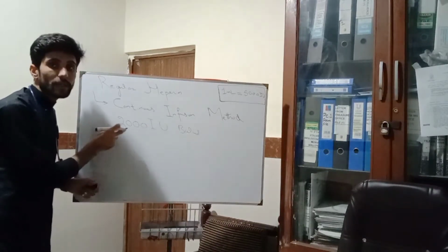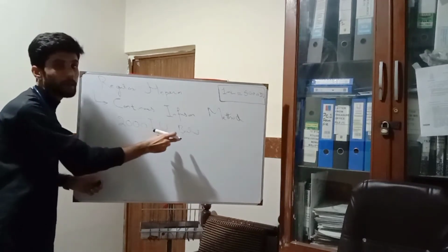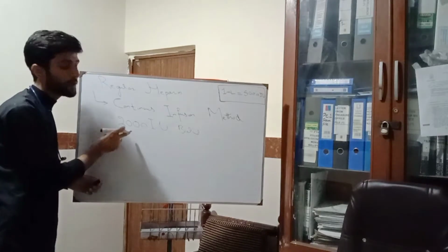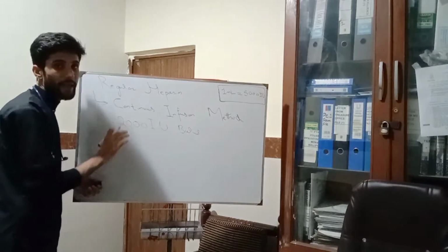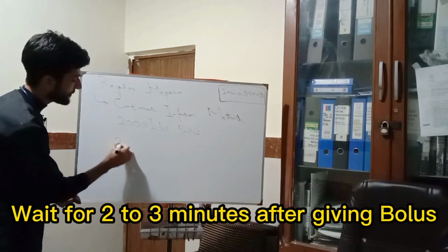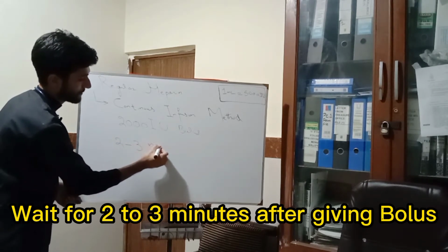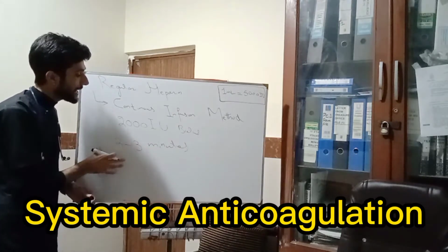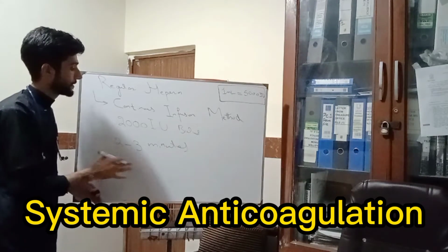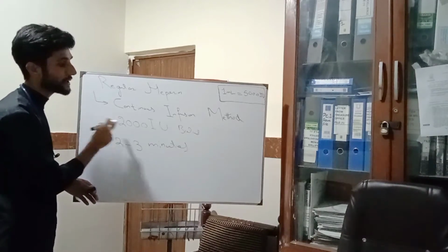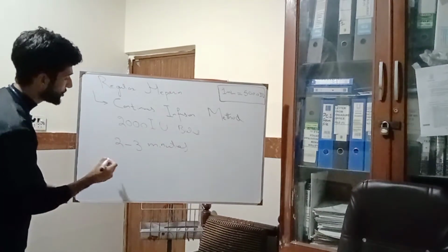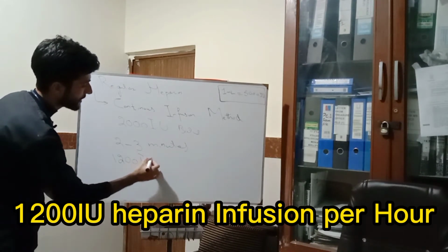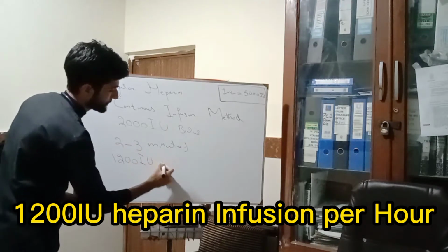If it is a catheter, in the venous port. If it is an AVF, then in the venous needle. And you have to wait for 2 to 3 minutes. This 2 to 3 minutes will help in systemic anticoagulation. This is a 2000 international unit bolus, and then you have to give 1200 international units infusion per hour.